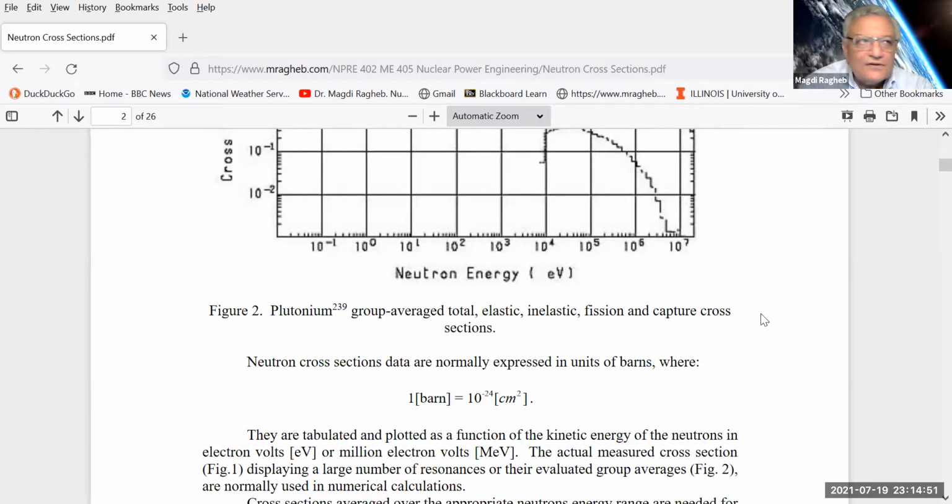The nucleus, on the other hand, is even smaller than the atom itself, and it occupies 1/10,000th of the characteristic length of the atom. So you'll find that the nucleus characteristic length is 10 to the minus 12 centimeter.